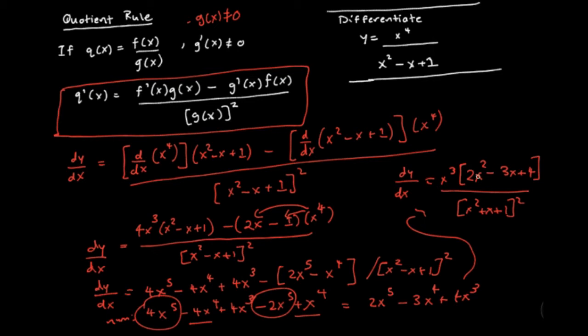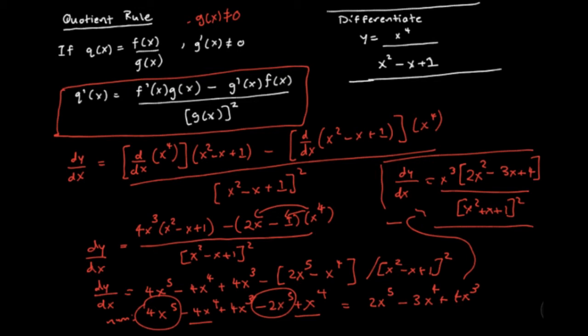Okay, you might always want to check to see if you could factor the inside of this. In this case you really can't, but in some cases it will help you simplify it a lot easier. And this is basically your derivative, okay, dy over dx.